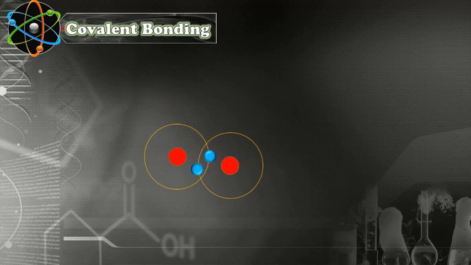They share their electrons. When atoms share electrons, what do we call it? We call it covalent bonding, and we'll have this molecule H2. It is a molecule made of two atoms of hydrogen bonded covalently.